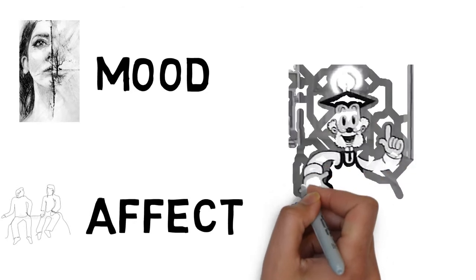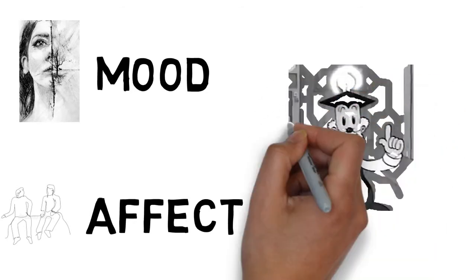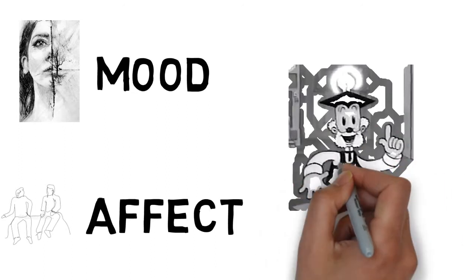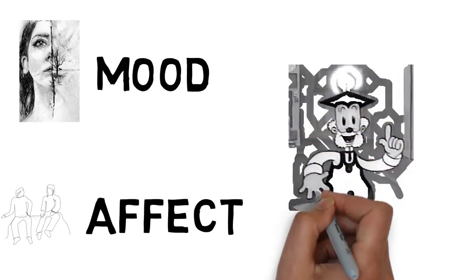So to identify an affect mood disorder, simply compare what they look like with how you feel, or how they make you feel. If there is an incongruence between the two, then you can say, aha, there is a mood affect dissociation.